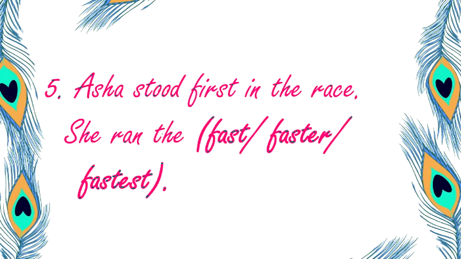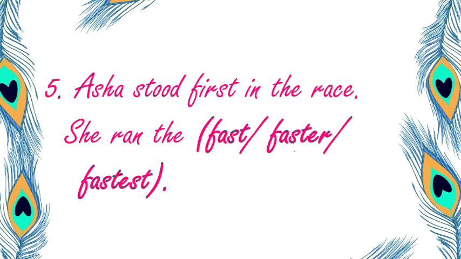Next we have: Asha stood first in the race. She ran the... It's very simple. Article the is there. So fast, faster or fastest. Dear children, fast is positive degree of adjective.